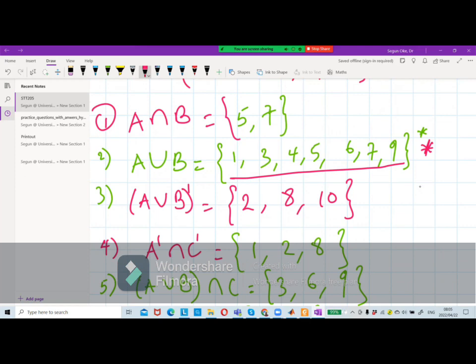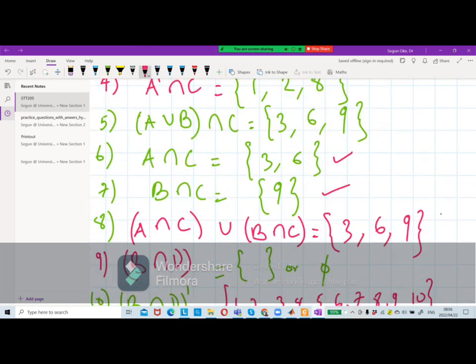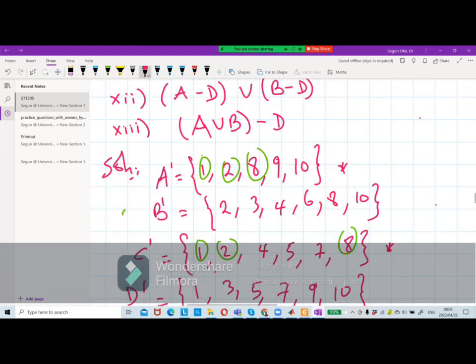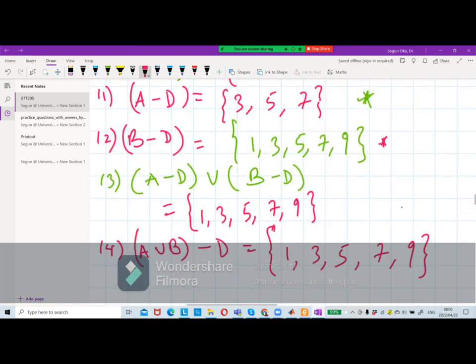And the elements that are not in D, let's check. Those elements that are not in D will be 1, 3, 5, 7, and 9. If you check your question very well, you will see that these are the elements they are talking about.